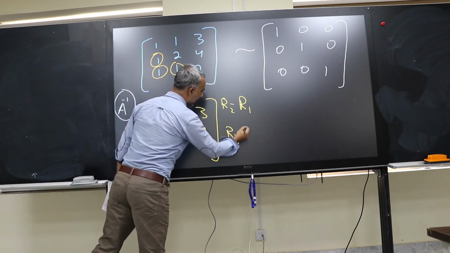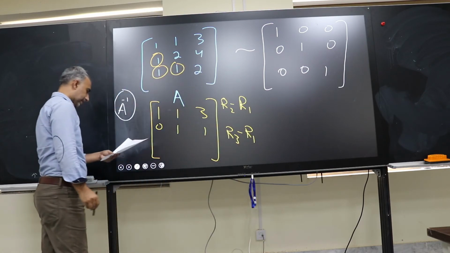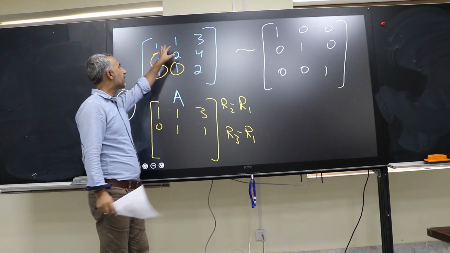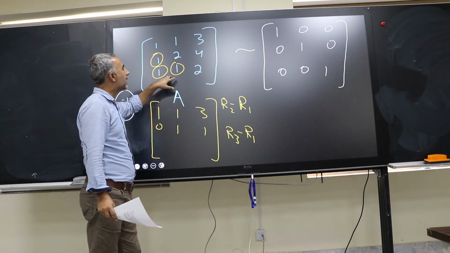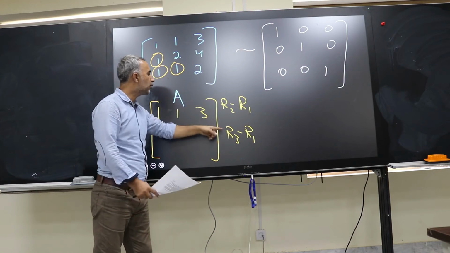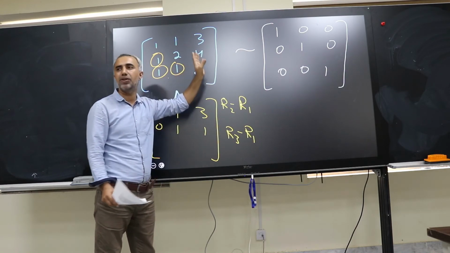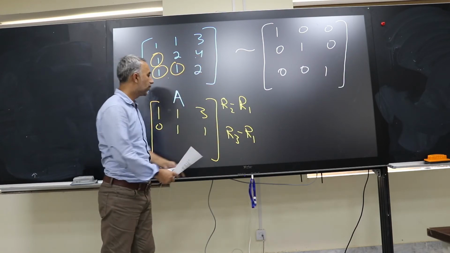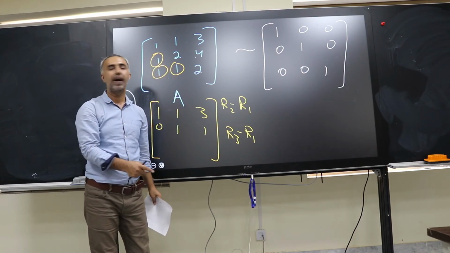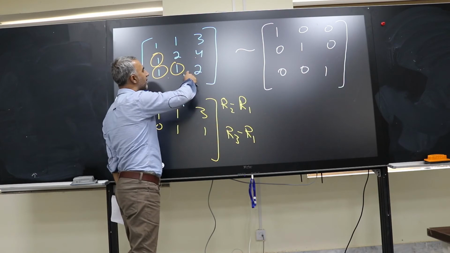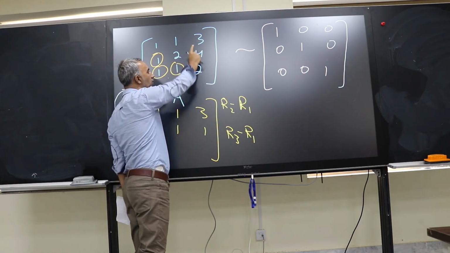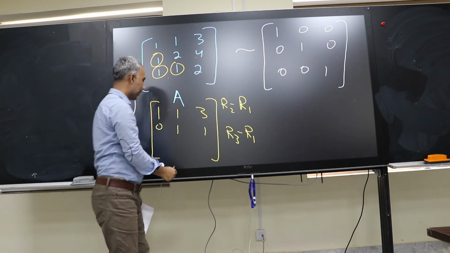R3 minus R1. Here remember, if we do R3 minus R1, this will become a minus sign. So for simplicity, we should do R1 minus R3. It will subtract from this positive value and we will get 1 here at the top.